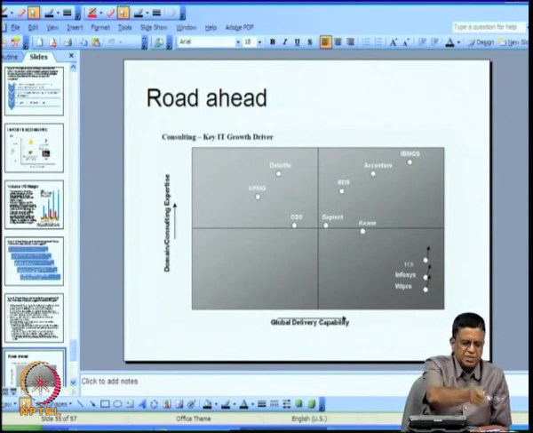So, what does the future hold? Consulting holds a very promising future for Infosys. Should look at consulting as one of the very possible options.